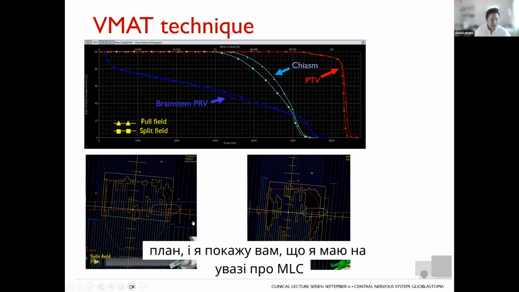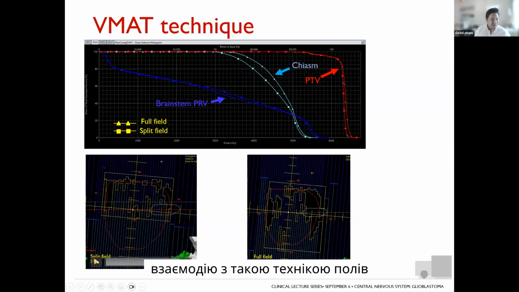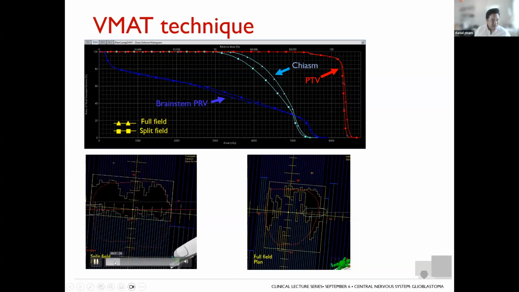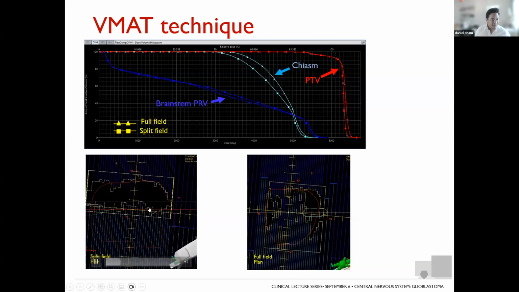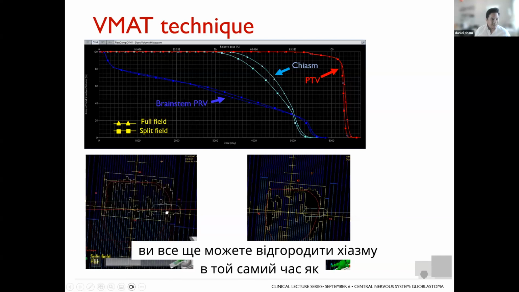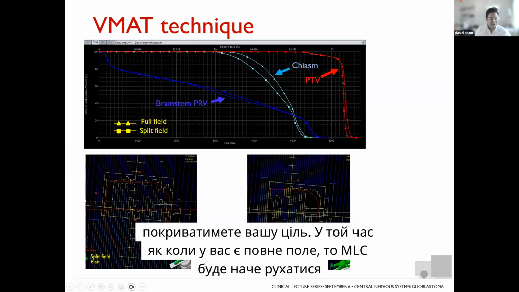I'll show you what I mean about how the MLCs interact with the split field technique. On the bottom left here, you can see the MLCs, when it runs around, it can shield out the chiasm here. So you can focus on shielding out the chiasm while still having the upper half covering the target.